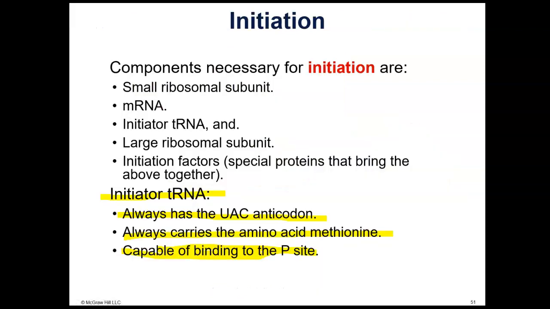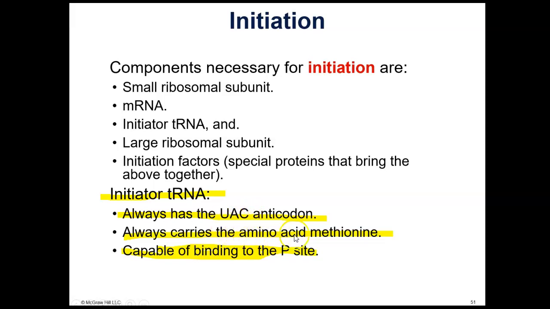There are still stages of translation. There's initiation. The initiator transfer RNA always has an anticodon that is complementary to the start codon. So the start codon is AUG. Then always the initiator tRNA anticodon is UAC.